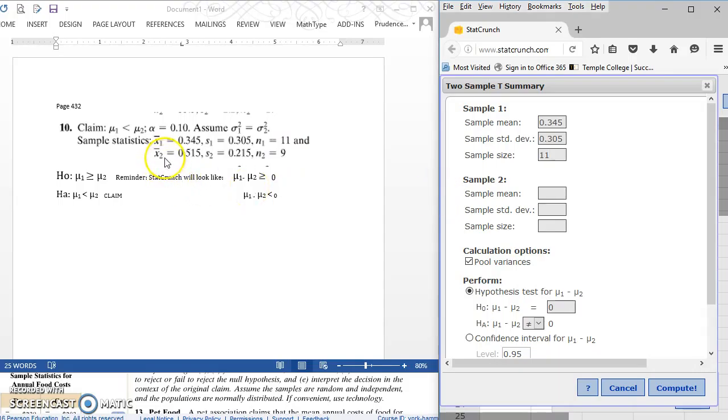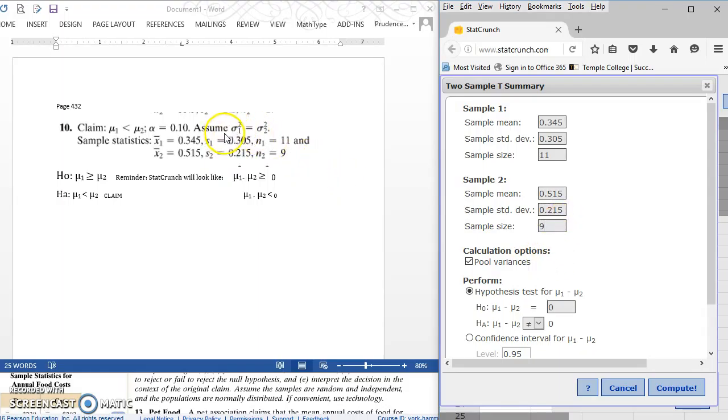For sample 2, the sample mean is 0.515. The sample standard deviation, S sub 2, is 0.215. And the sample size for the second sample is 9.